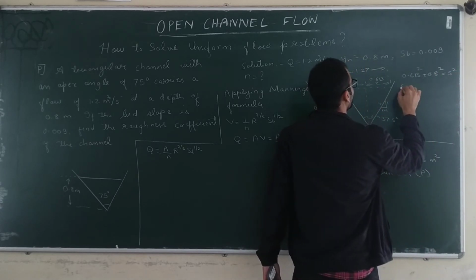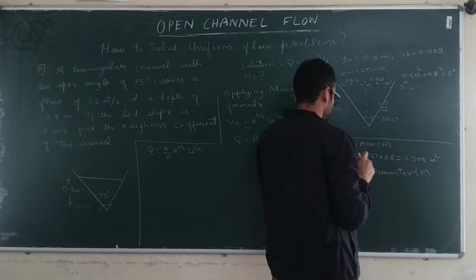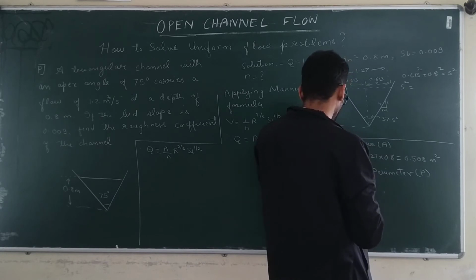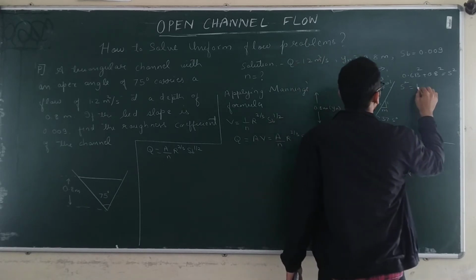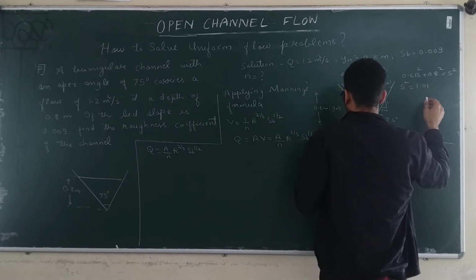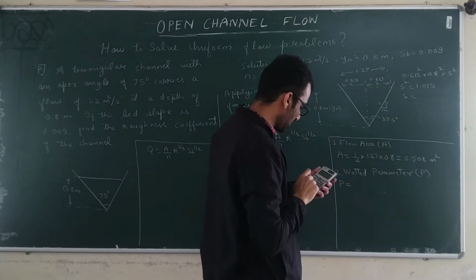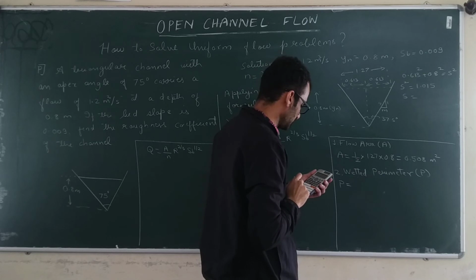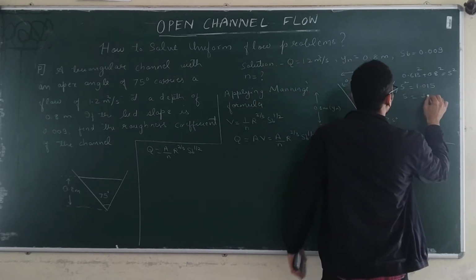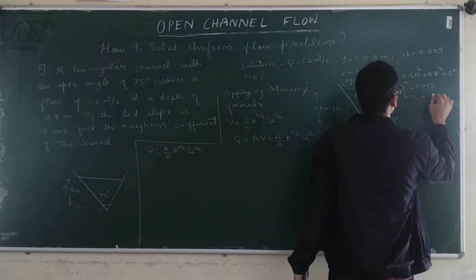We need to calculate S. So S square is 0.613 square plus 0.8 square, that is 1.015. So S will be the square root of that. It is 1.007.